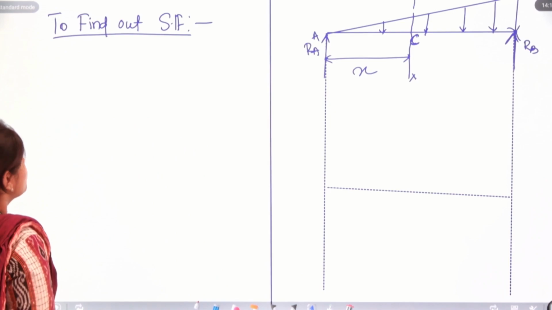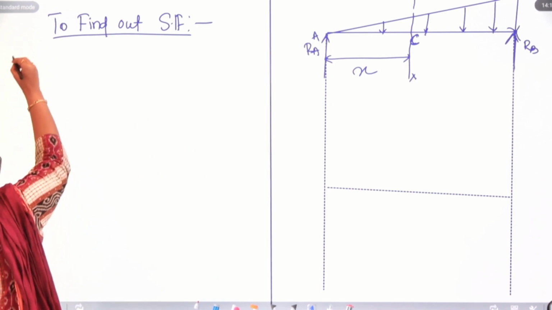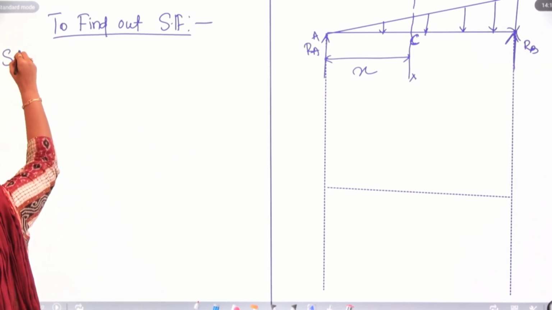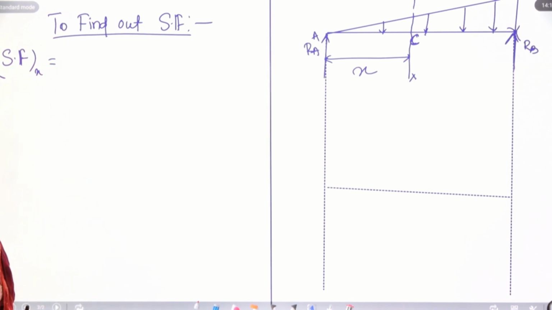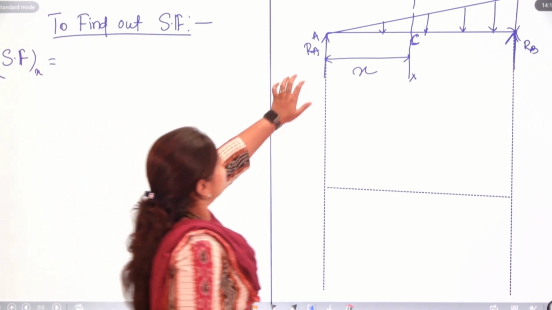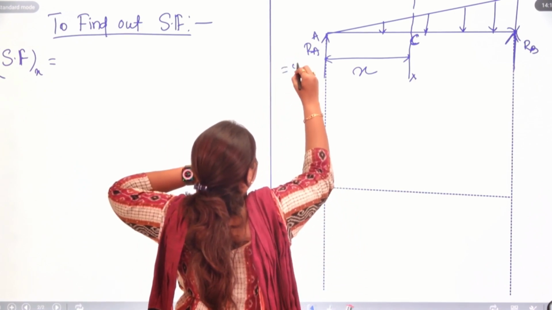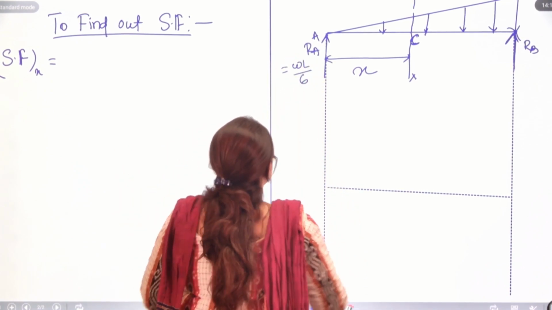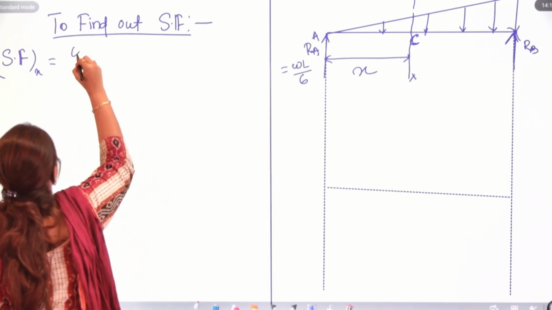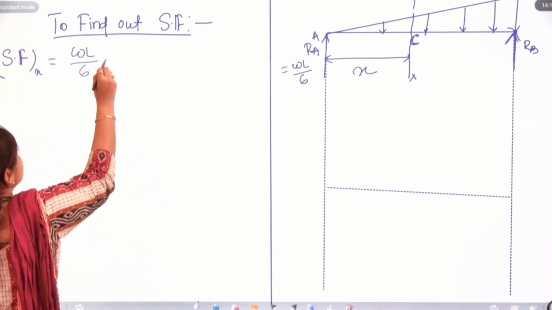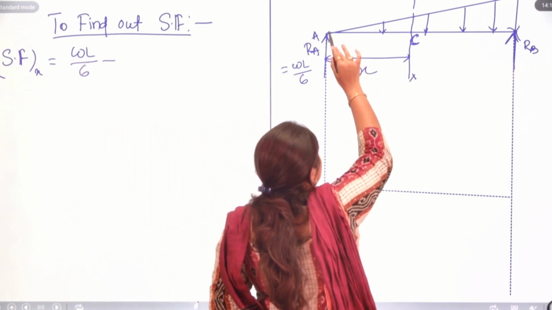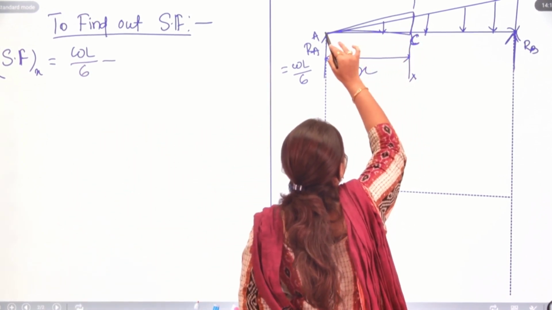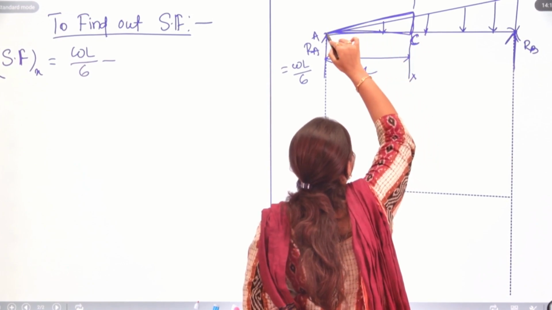So, to find out shear force at the XX section, first, your reaction force, we know that the reaction force at A will be WL by 6. WL by 6 minus the force acting in this section. How to find it out?